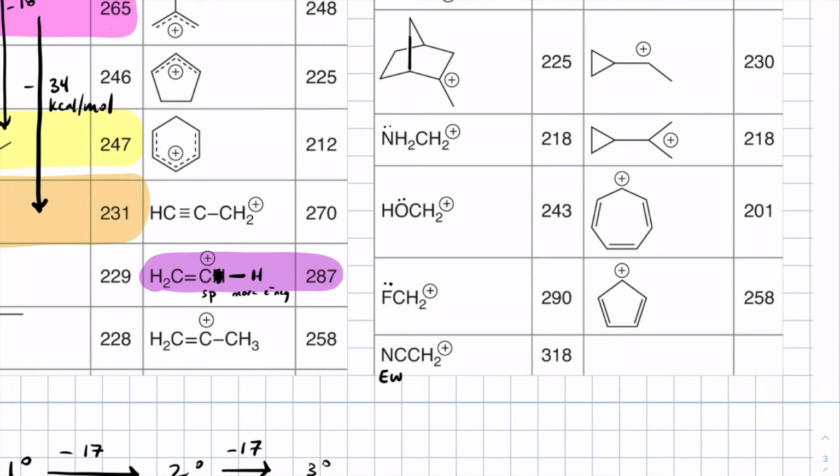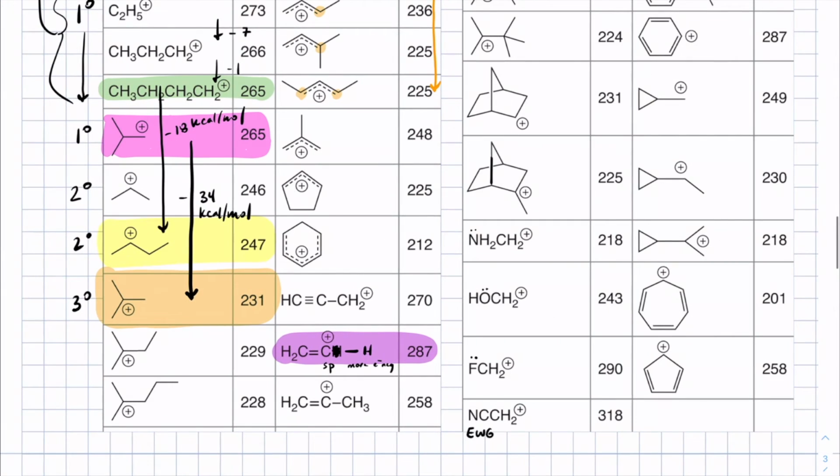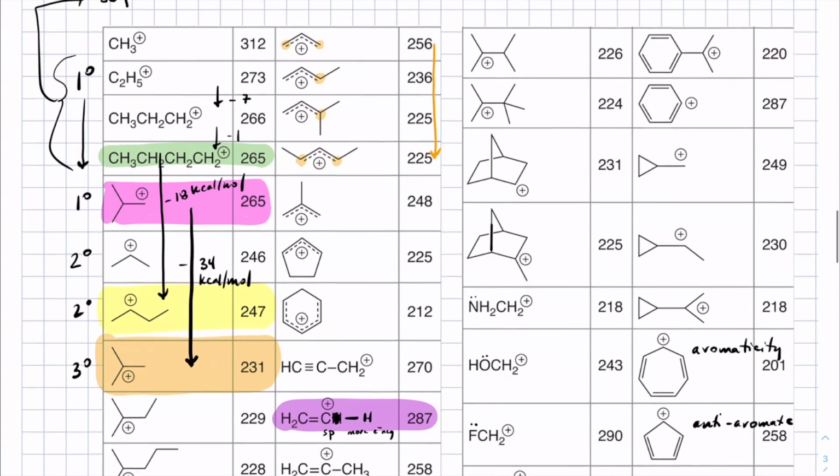Putting a pi electron withdrawing group like the cyano group adjacent to a carbocation destabilizes it. Aromaticity can stabilize carbocations, whereas the cyclopentadienyl cation would be anti-aromatic and has a much higher hydride affinity value.